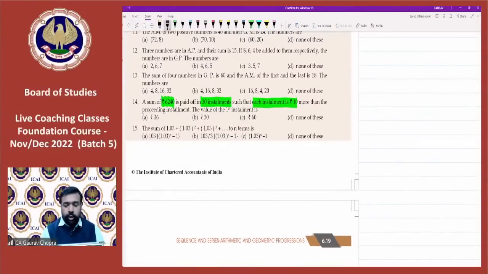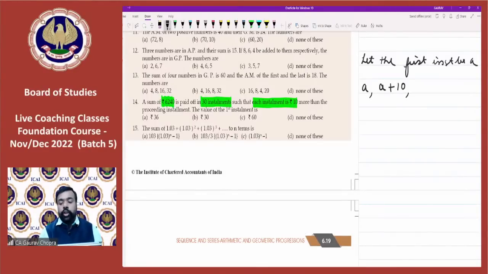So in this case, what can we do? Let the first installment be A. If the first installment is A, what will be the second installment? A plus 10. What about the third one? A plus 20 and so on.